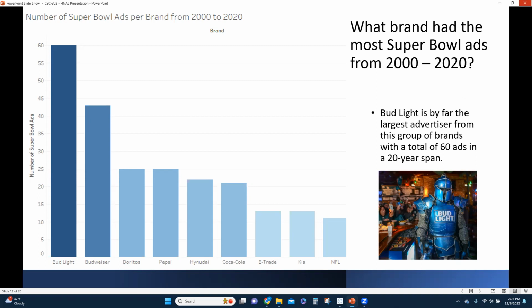That's not the only brands that have Super Bowl commercials. So there were a lot of brands left out, but just analyzing this set of brands, Bud Light and Budweiser are both two of the most dominating Super Bowl advertisers.